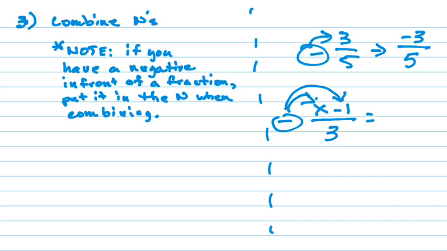Okay? So this one is going to change my positive x into a what? But it's going to change my negative 1 into a, and there's still all over 3. So you have to distribute the sign. If you put it up into the numerator, it will affect the entire numerator, not just the first term, right? Okay? So you'll have to be careful about that.